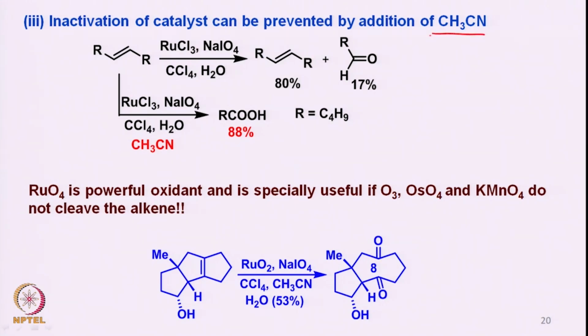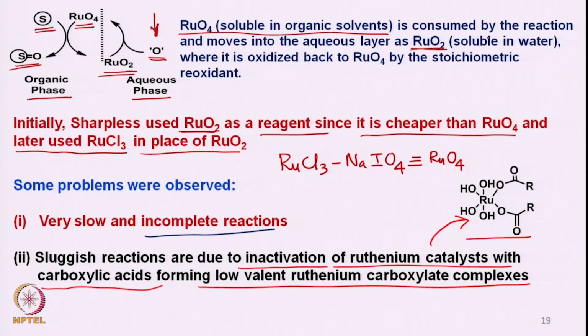acetonitrile as a solvent, or a molecule of acetonitrile now will have competition with the carboxylic acid or the carboxylate to form the complex that we saw, that forms with the carboxylate complexes.